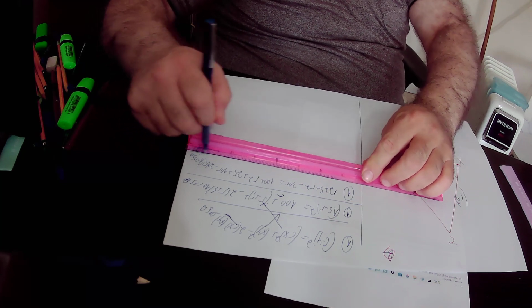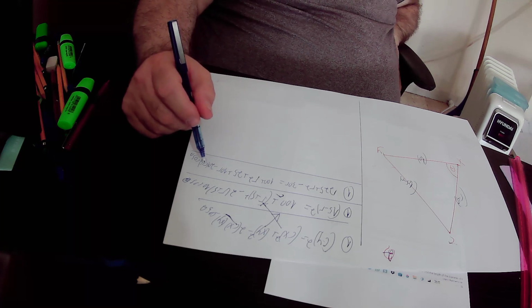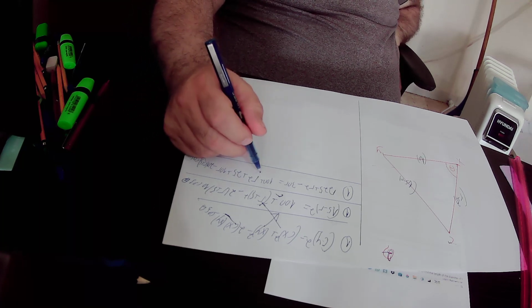So here we have R squared on both sides of equation number 1, so R squared will get cancelled.